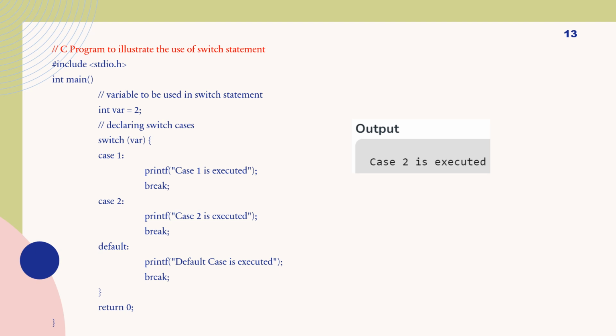Otherwise, if the int var is not 1 or 2, it will move on to the default and print "default case is executed". But in this case, the int var is 2, so it will work with case 2, and the output will be case 2 execution.